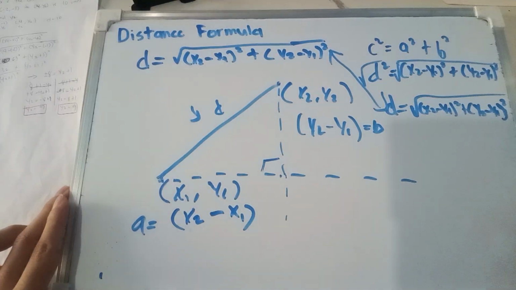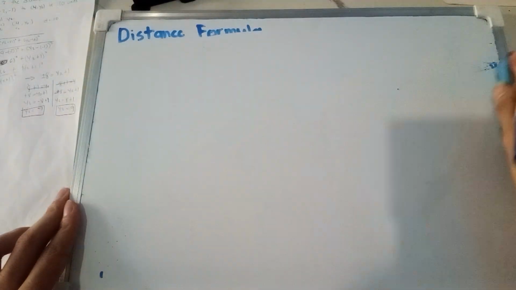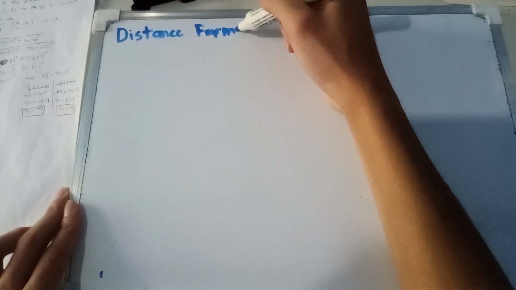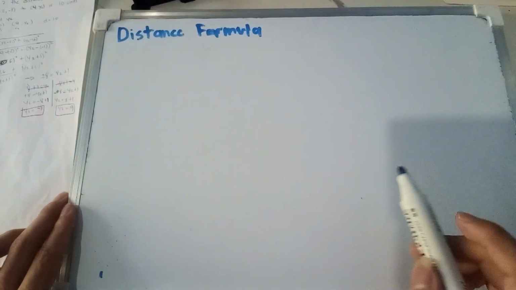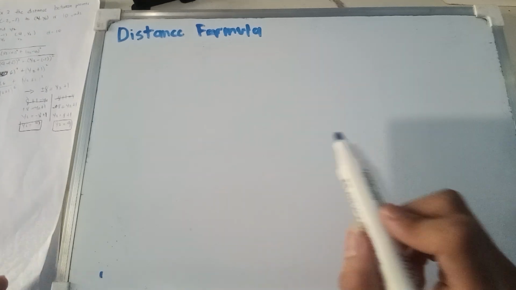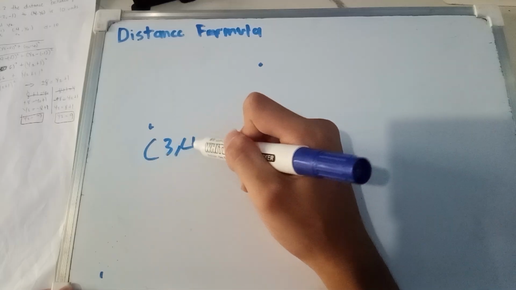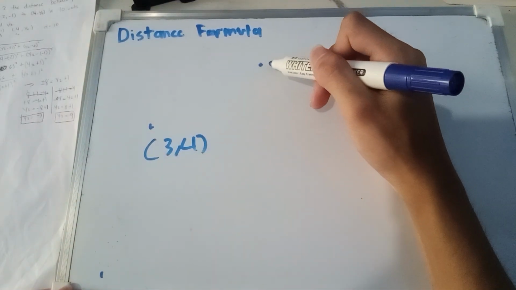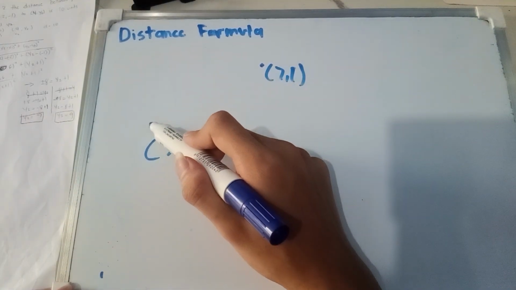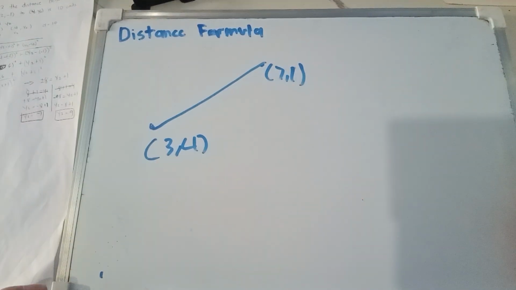So for the first example, let's say we have 2 points here. This point is 3 and 4, and this point is 7 and 1. We need to find the distance from 3, 4 to 7, 1.